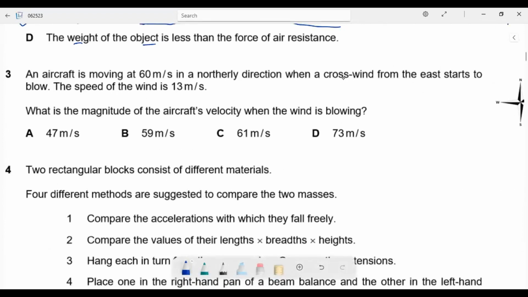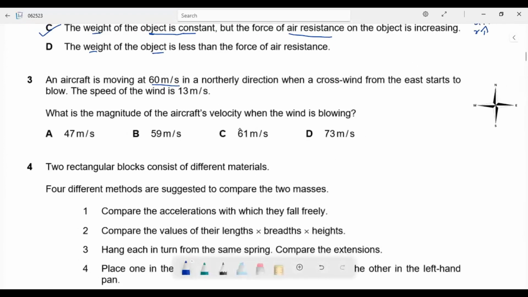An aircraft is moving at 60 meters per second in a northerly direction. When a crosswind from the east starts to blow, the speed of the wind is 13 meters per second.